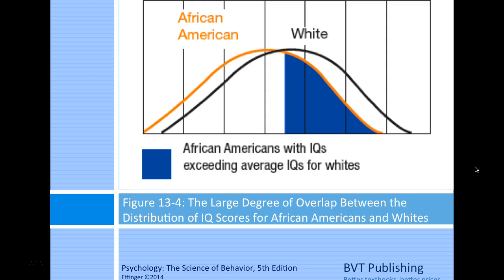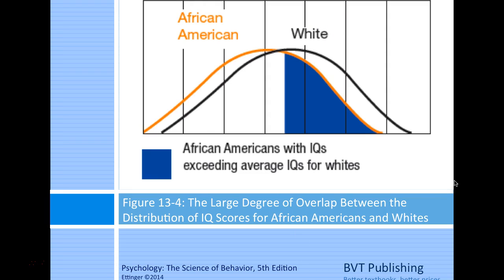However, as figure 13.4 reveals, the scores of significant numbers of both African American and white individuals fall at all points in the distribution, and there is a great deal of overlap between the two races on IQ scores, which you can see in this diagram.